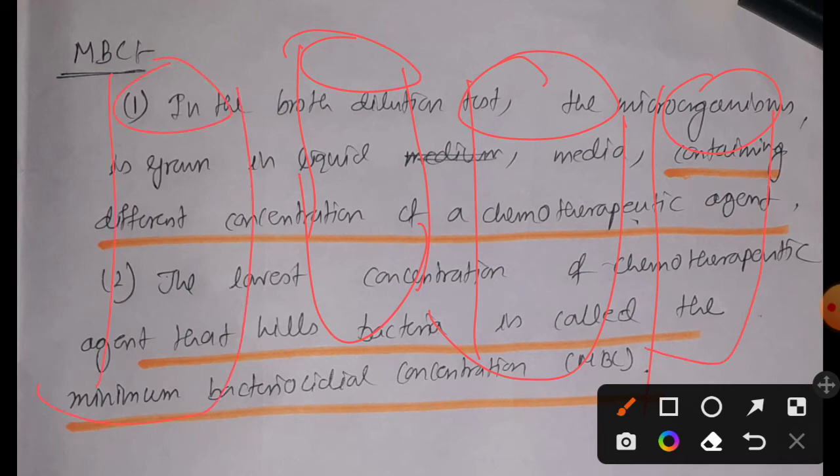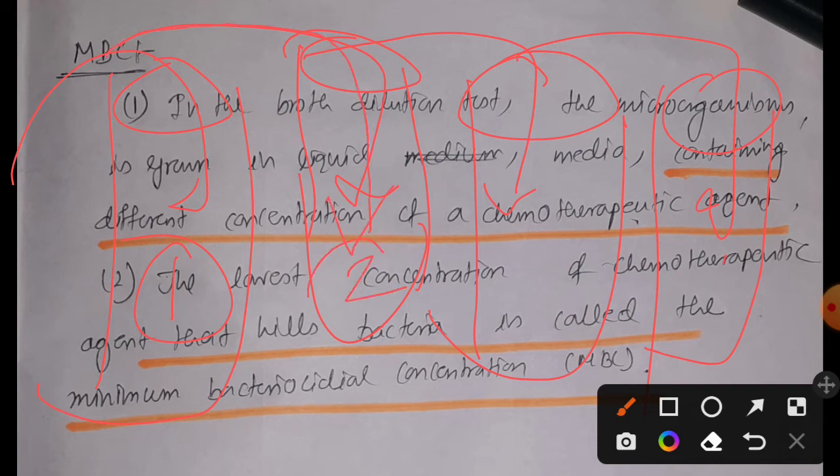We will add different concentrations of a particular antibiotic. Suppose in test tube 1 we have added the lowest concentration of ampicillin, in test tube 2 a slightly increased concentration, in 3 a further increased concentration, and in 4 a concentration greater than 3.